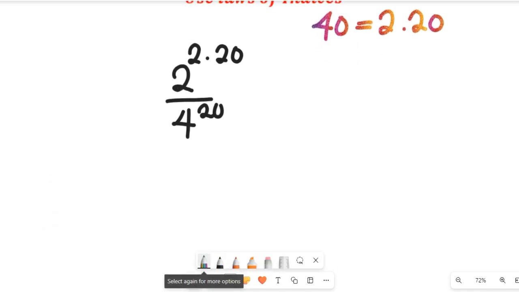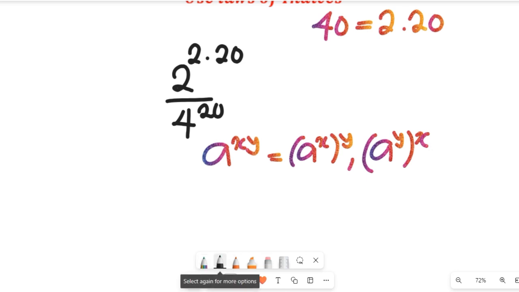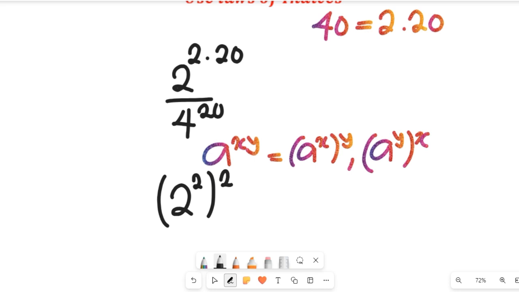Now, recall this law of indices that if you have a to the power of xy, which is similar to what we have in the numerator, this can be equal to a to the power of x multiplied by y, right? And this can also be equal to a to the power of y multiplied by x, right? Great. So that simply tells us that we can simplify the numerator of that question to become 2 to the power of 2, all to the power of 20, right?